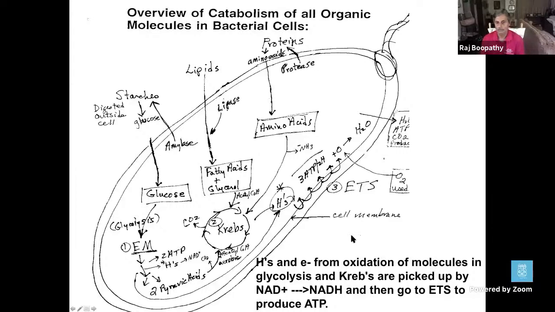From one glucose, you can get 38 ATP molecules. And when you have long-chain fatty acid, they use the beta oxidation pathway, which is chopping 2 carbons at a time, converting them to acetyl-CoA and taking the acetyl-CoA to the Krebs cycle. So bacteria is not inventing any new pathways. These are the pathways the organisms have evolved into through a long evolutionary process.